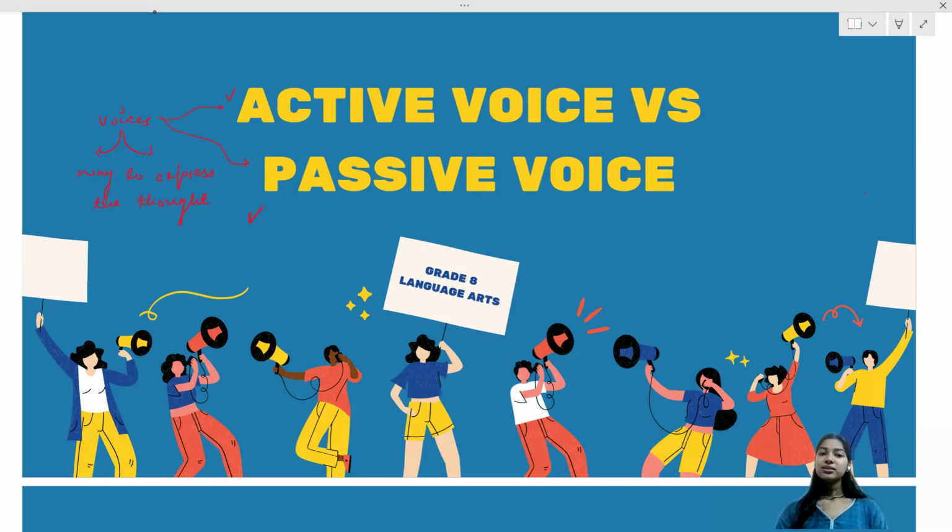But the passive one is more explanatory, and you can express your thoughts in passive voice even more than in active. So today we are going to learn both of them. Let's see what we are going to learn inside it.